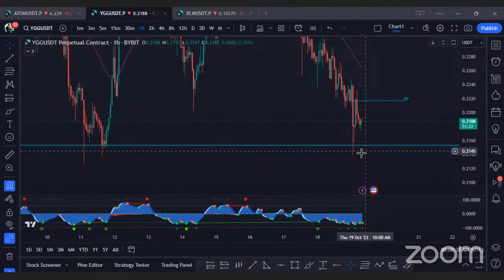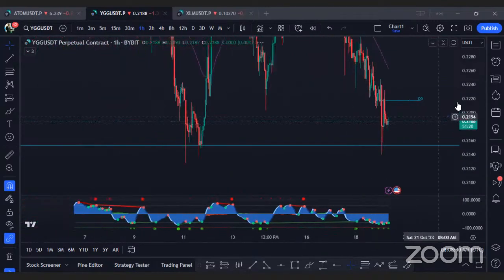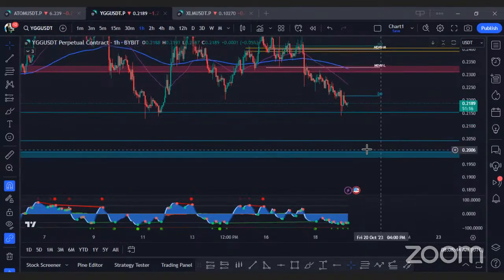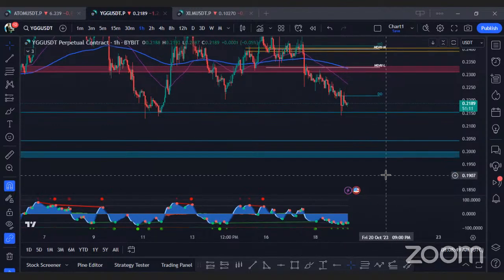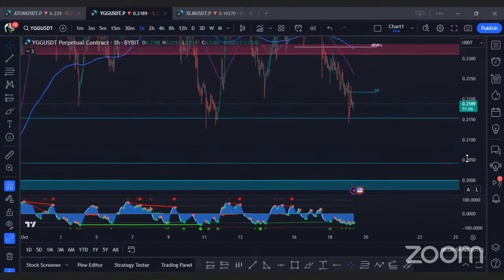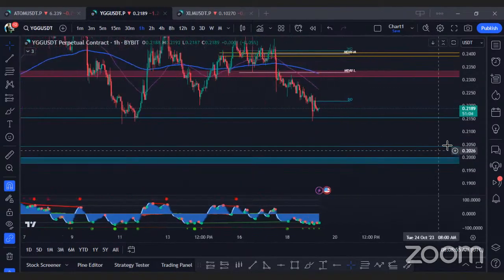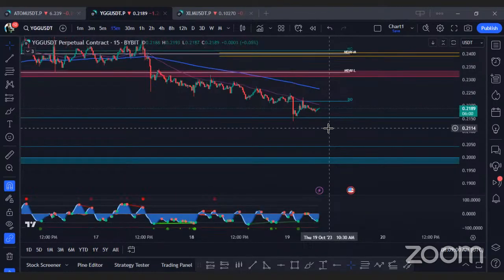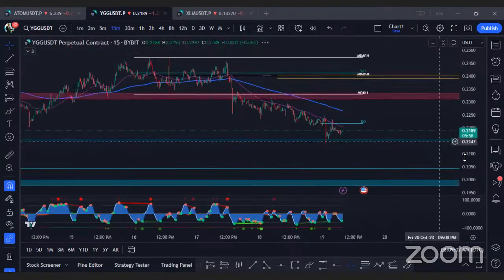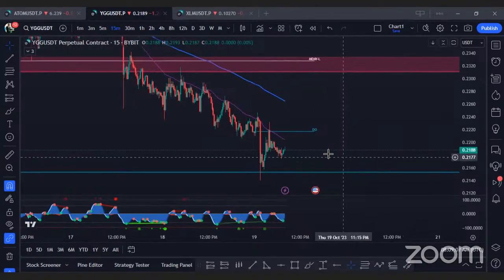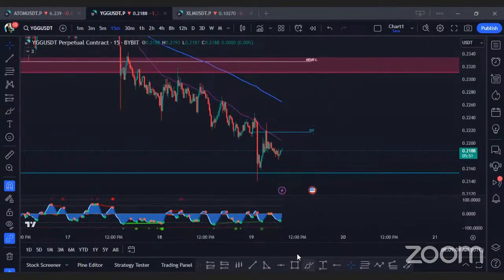YGG came and rejected nicely at that 21 cent level. But a bigger area to take YGG to the upside would be anything between this 20 cent level down to that 19 cent. It would have been a good area for me. For a quick scalp on YGG, guys, you could do a long trade if you see YGG come back down here again.